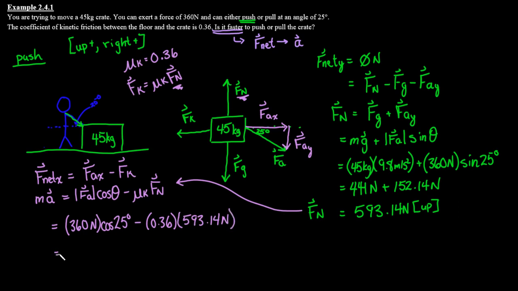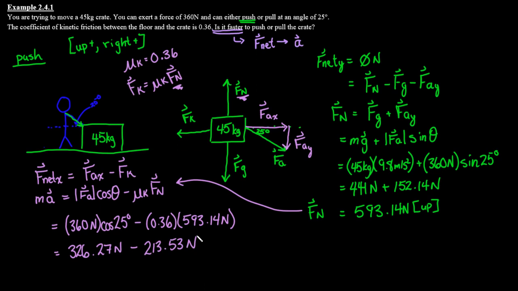Okay, so let's go and simplify here. Cos of 25 times 360 gives me 326.27 newtons, minus 0.36, which is our coefficient, times that normal, which is 593.14, and I get 213.53 newtons.